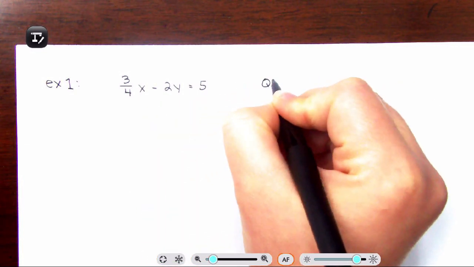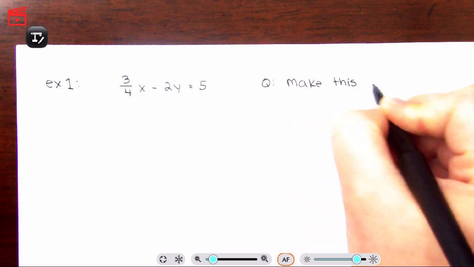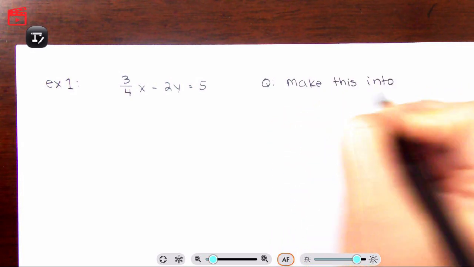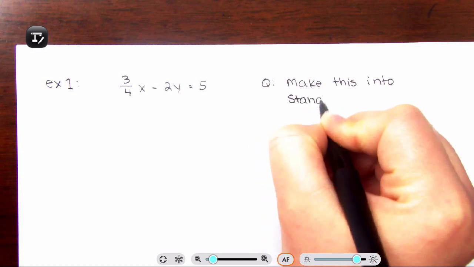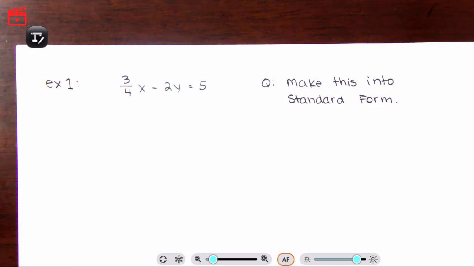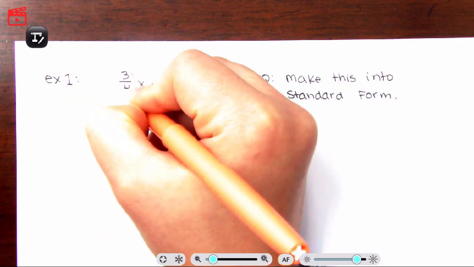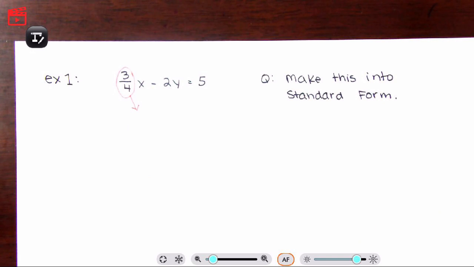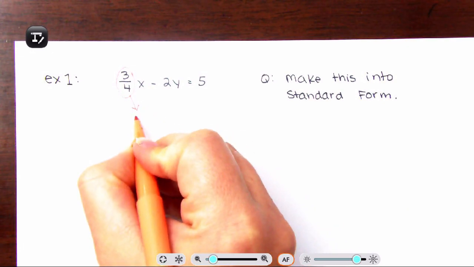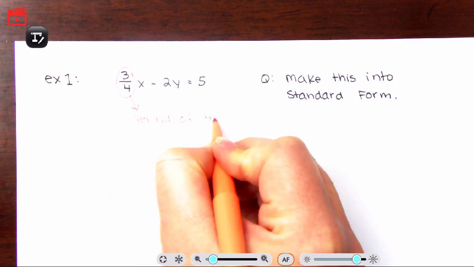And our question is, make this into standard form. So in this case, what is wrong with this equation? Why is this not in standard form? So we already said this in example number 2, that this is not in standard form because we have a fraction. So we need to get rid of the fraction.